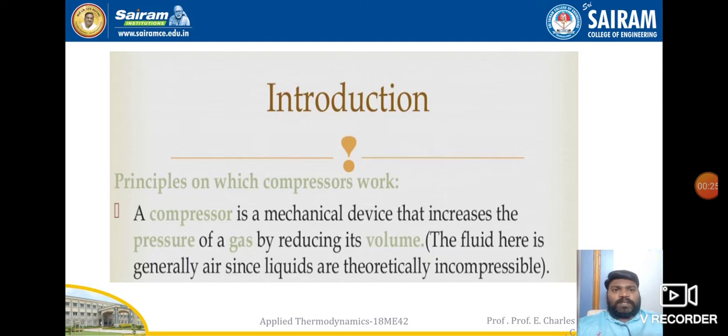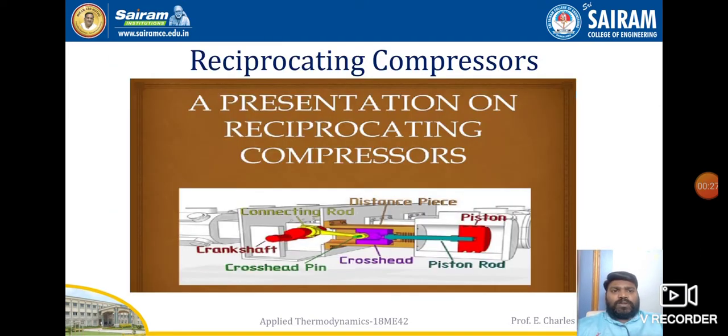In the introduction part, this is the diagram of a reciprocating compressor. If you look at it, you will find the piston, piston rod, crankshaft, crosshead pin, and connecting rod. You are familiar with the internal combustion engine, right?